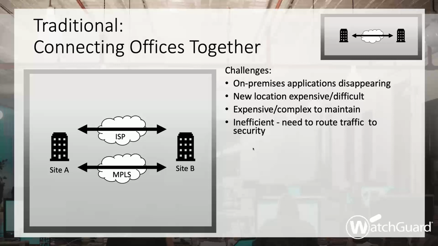A lot of you as MSPs, I've heard over the past, even since the pandemic started, a lot of your business is driven by getting those applications off the premises, getting them into the cloud, moving them to infrastructure as a service, moving them to SaaS. And so the relevance of even connecting two sites together is reducing as those applications are moving to the cloud.